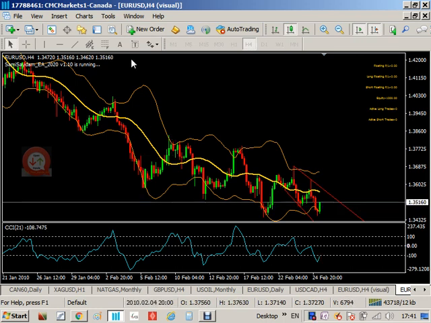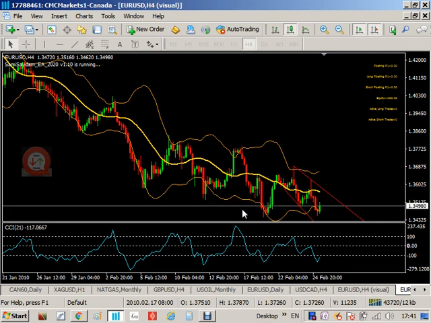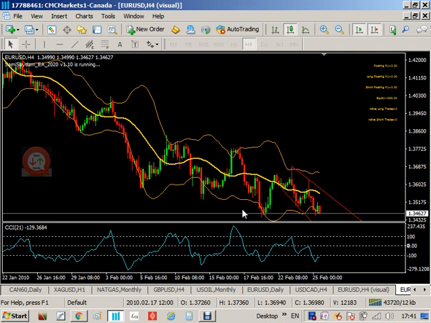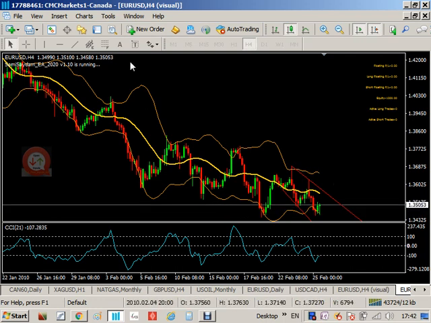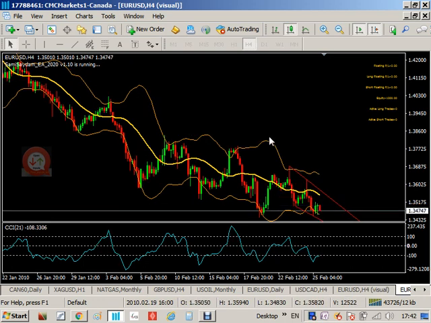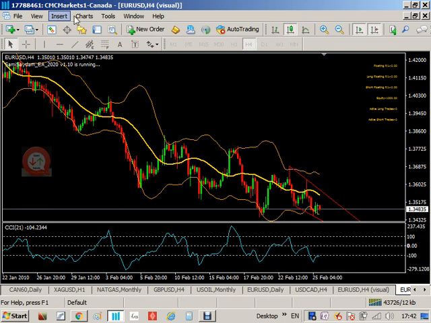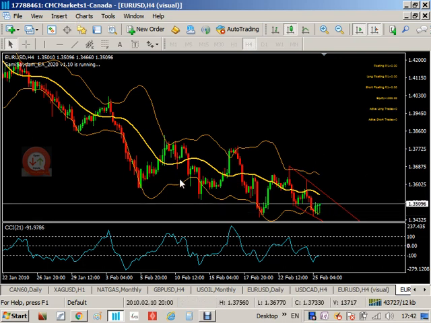You can use it in US market indices, US market stocks, currencies, gold and silver, commodities, energy, even local stocks if it is compatible with the MT4.